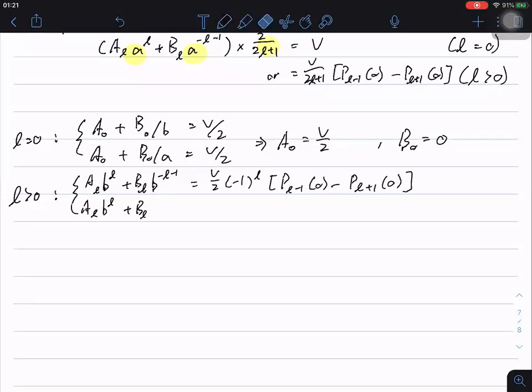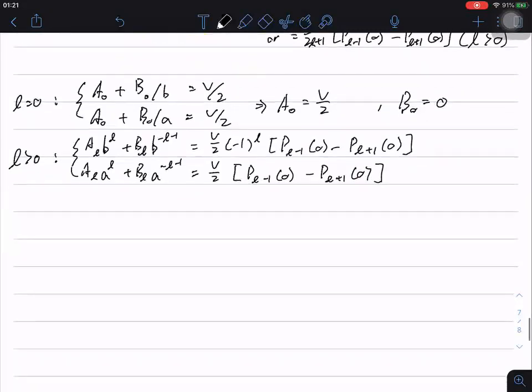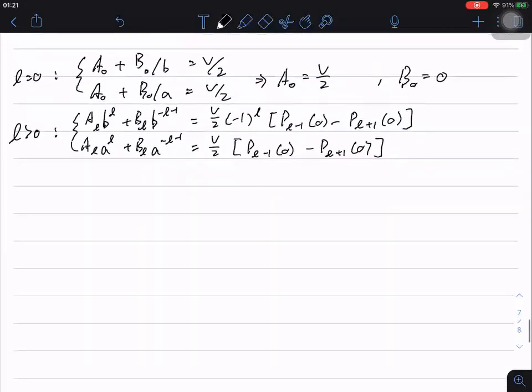Oh, oops, this one should be A to the power of L. Okay, so for this pair of equations, the solution is not that trivial, but I believe it's just simultaneous equations.